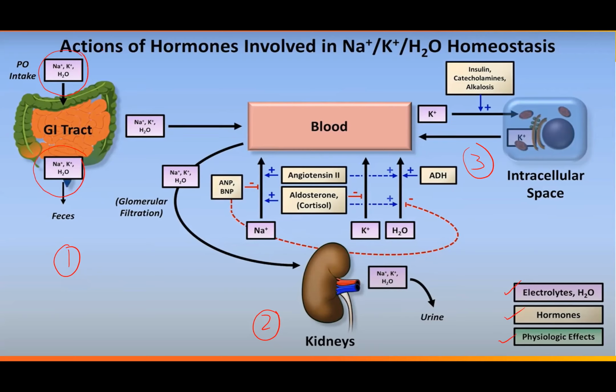So hypokalemia could be due to decreased intake or increased excretion. There is decreased peroral intake of potassium, or diarrhea or vomiting, where more potassium is excreted through the GI tract.